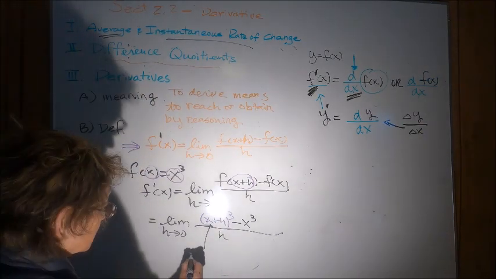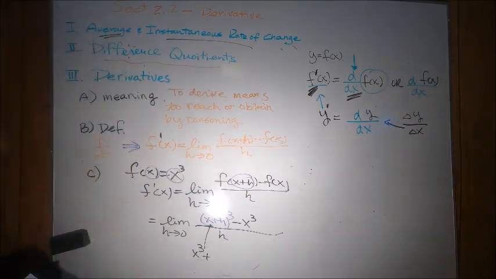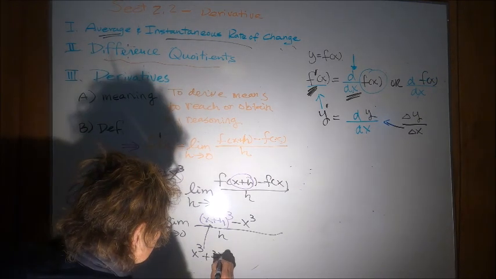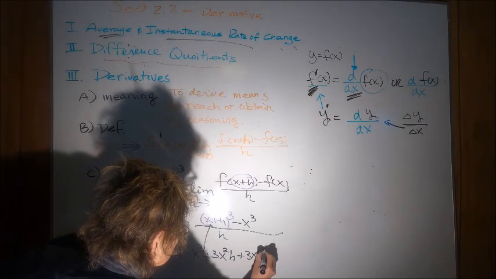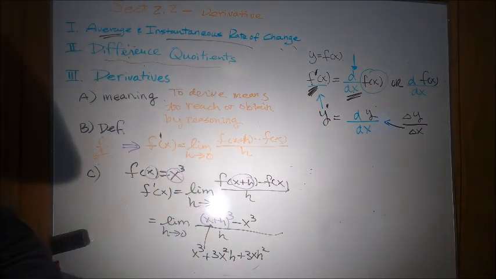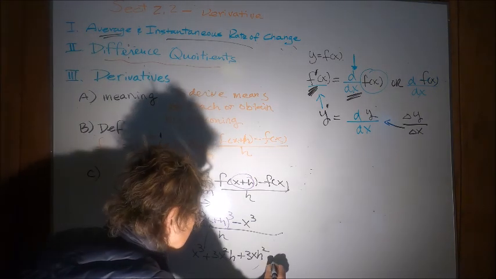That will be x cubed, you multiply 3 times, right? You learned it in the 152A class, algebra class. 3x squared h plus 3x h squared. Don't give me x cubed plus h cubed, right? You need to multiply 3 times.